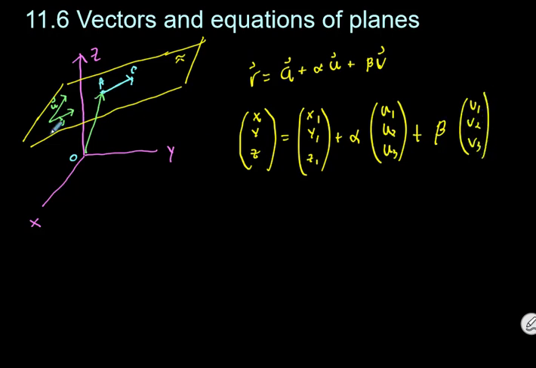So if we have two vectors in the plane and we know a point in the plane, then we can write the vector equation of the plane. And this is the vector equation of a plane.